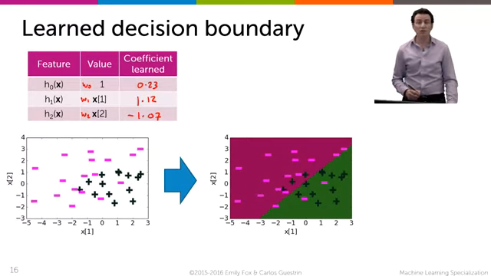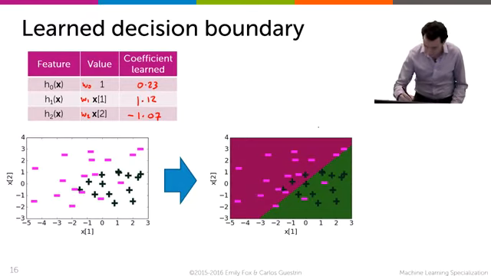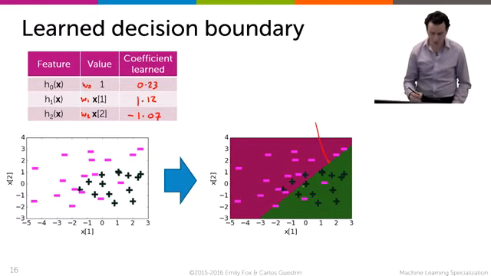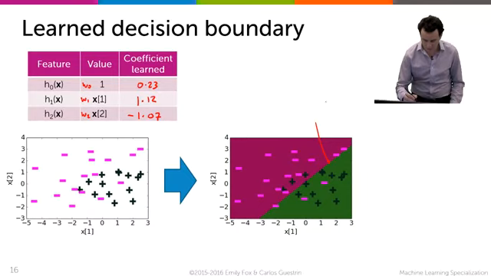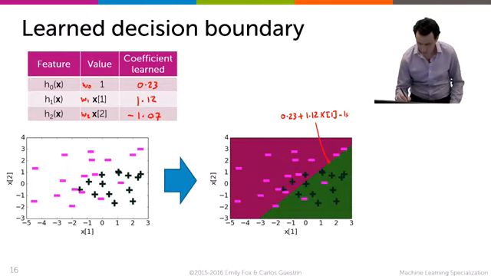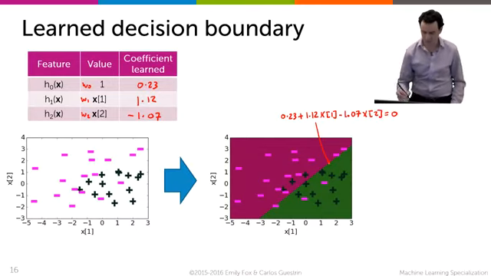On the right here, I'm showing the resulting decision boundary from this classifier. This line corresponds to the point where 0.23 plus 1.12 x1 minus 1.07 x2 is equal to 0.